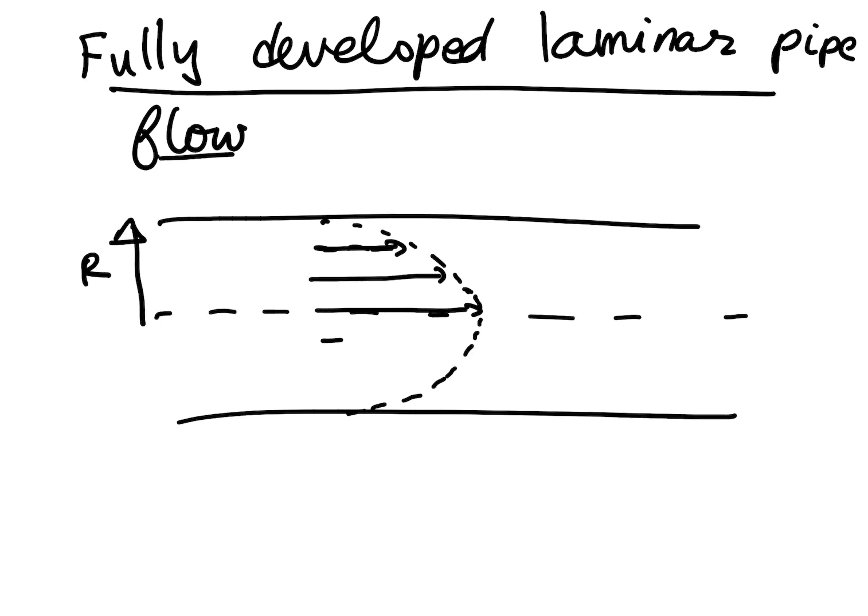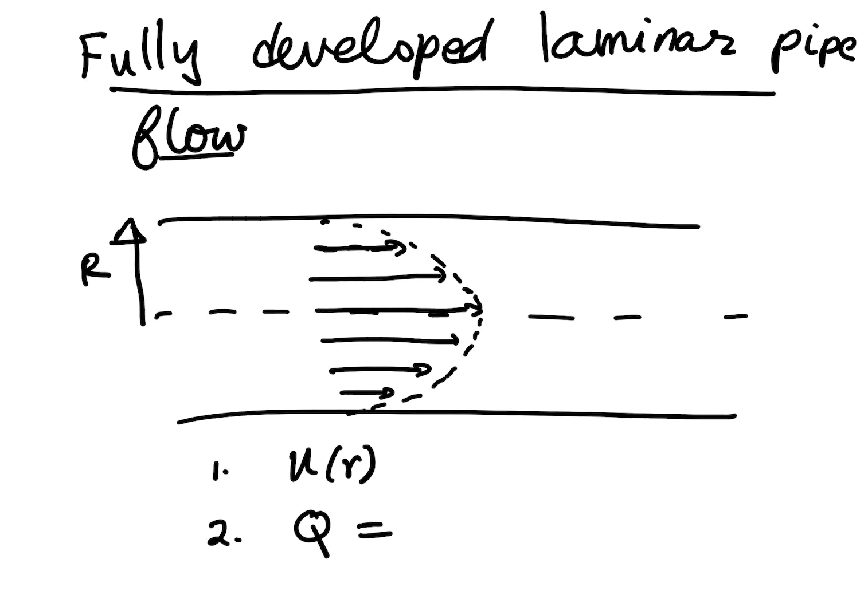We are trying to understand first of all what is the velocity profile u as a function of r, and what is the expression for flow rate as it relates to the pressure drop, the radius, the length of the pipe, and the viscosity of the fluid. We want to determine this relationship.